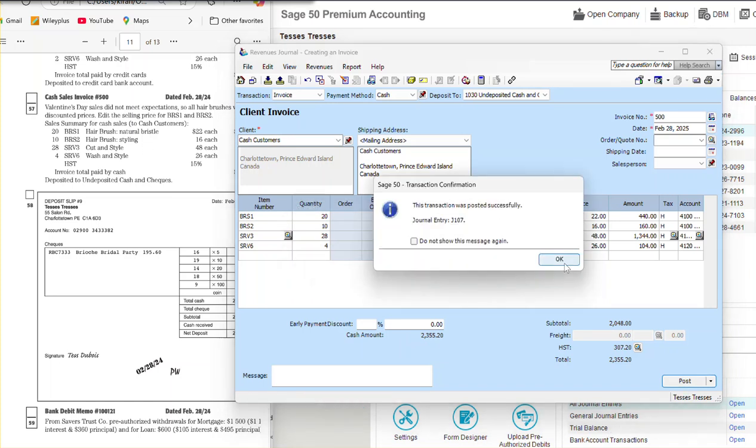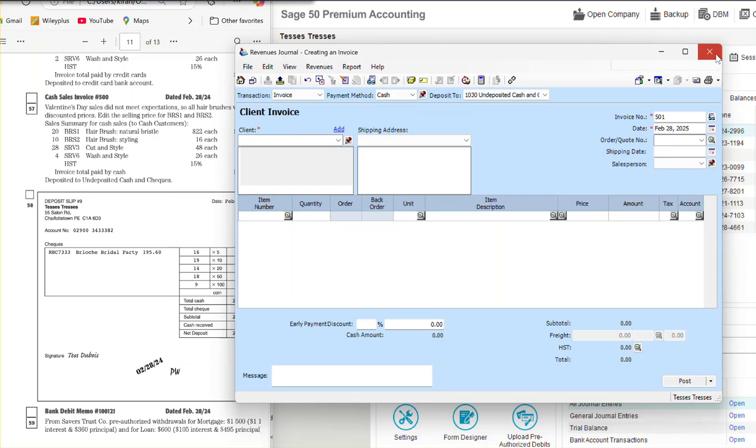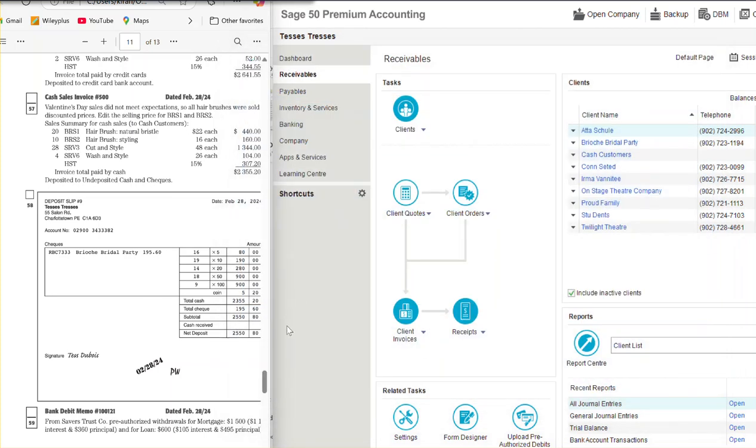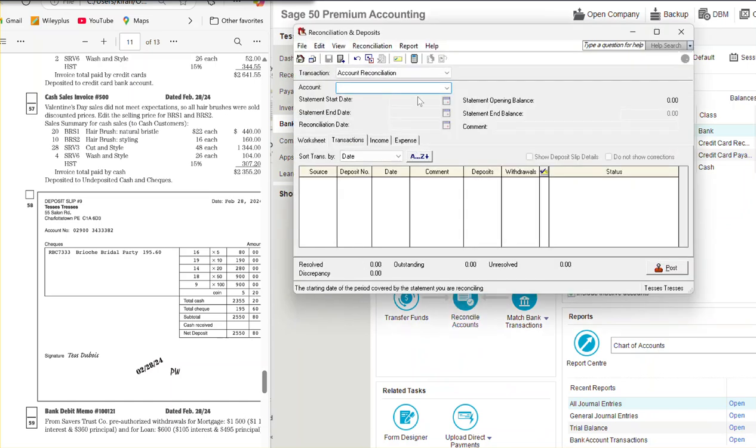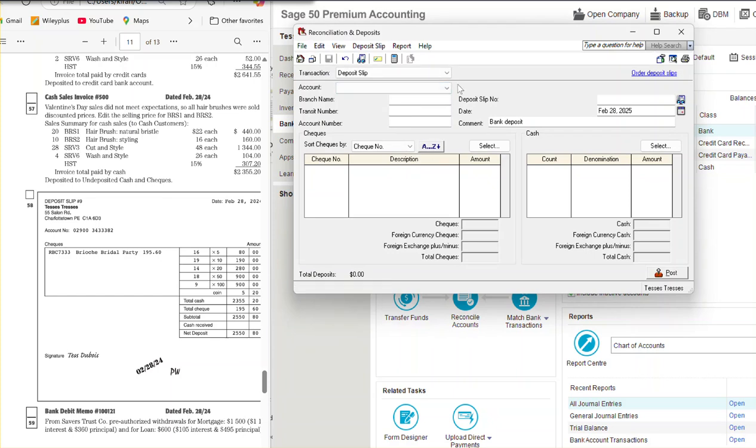Now we are going to go to deposit slip again. Fix your number 6. I haven't fixed my number 6. You have to fix your number 6. I am going to go to banking. I am going to go to deposit slip. And the deposit slip number is 9.